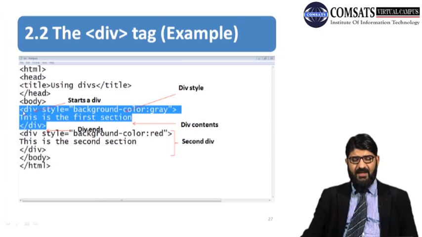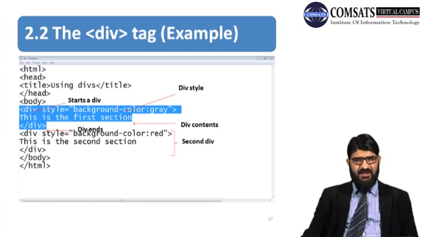See, the start of the div tag is mentioned, then the CSS style is given, the background color is mentioned, that is gray, and this is the first section, and the div tag is closed. So this is the div style. Now the next div style has background color red, another section, and this is the second section, and the second div of the web page, and the div tag is closed.